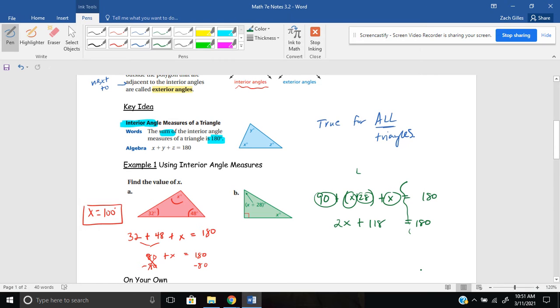And now I have this down to a two-step equation. I'm trying to isolate x, so first I would undo my addition. So I'd subtract 118 from both sides. I'd be left with 2x is equal to 62. And then I would end by dividing by 2 on each side. So x is equal to 31 degrees.